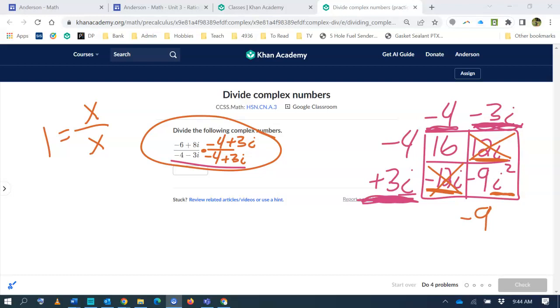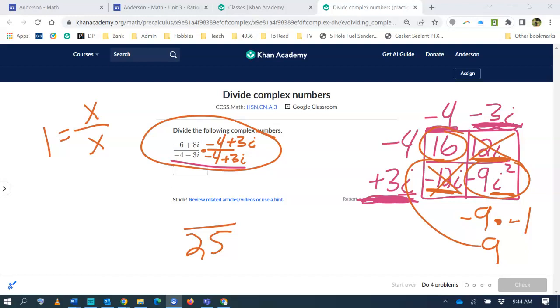So -9 times -1 is what this box becomes, which is now positive 9. Negative times negative is a positive. 9 times 1 is 9. So we have 9 added to 16, and we get 25. So our i's have disappeared in our denominator, which was the goal.